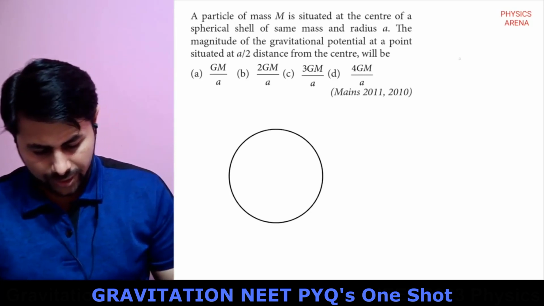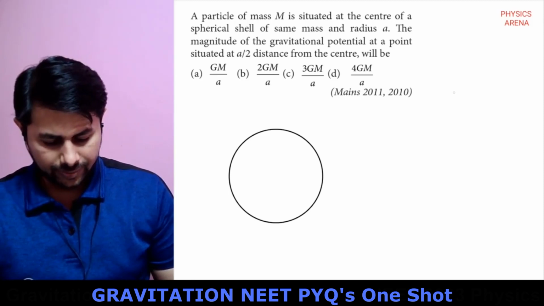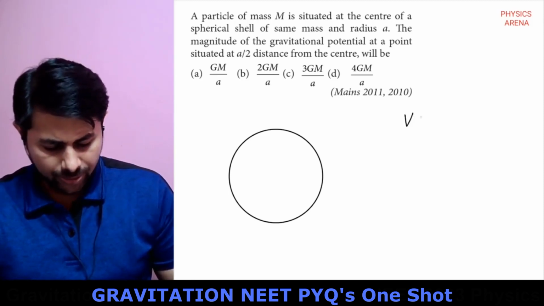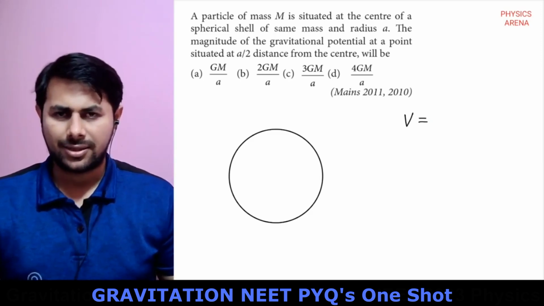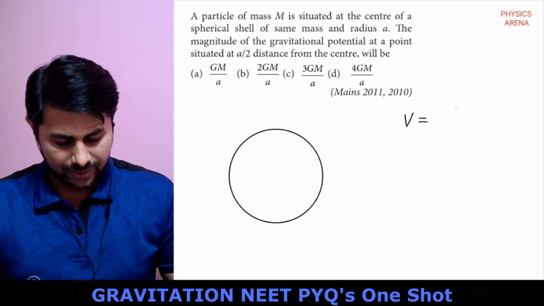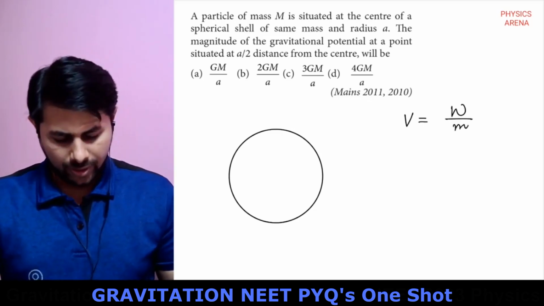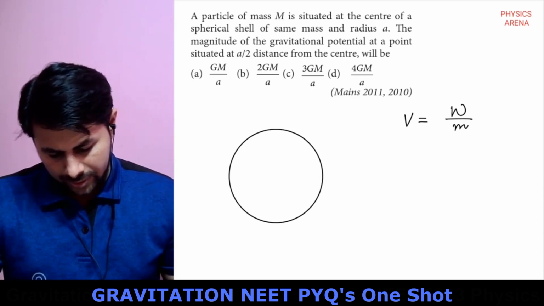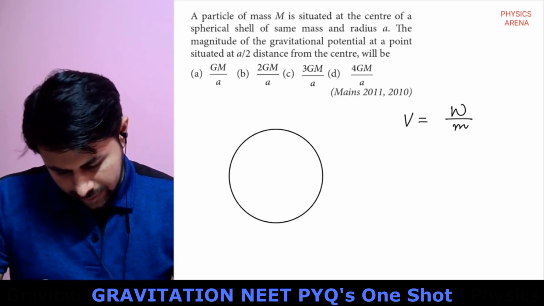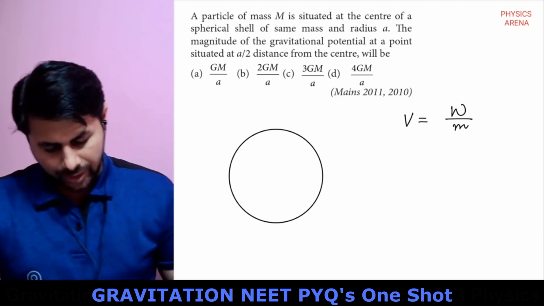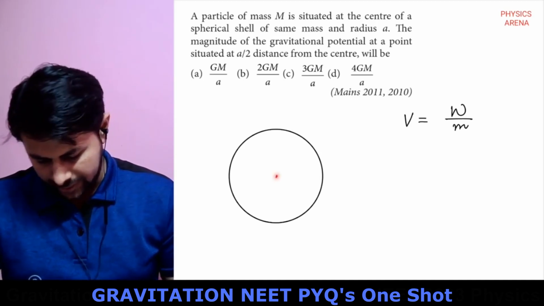See, now here comes this concept: what is gravitational potential? It is work done per unit mass, right? Okay, how much would be the gravitational potential at this distance?